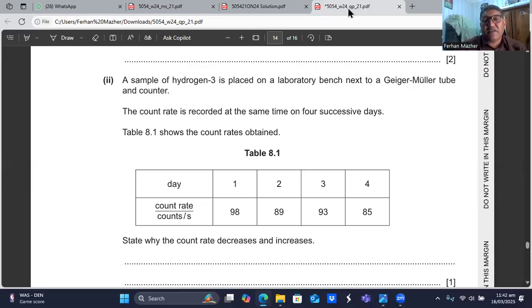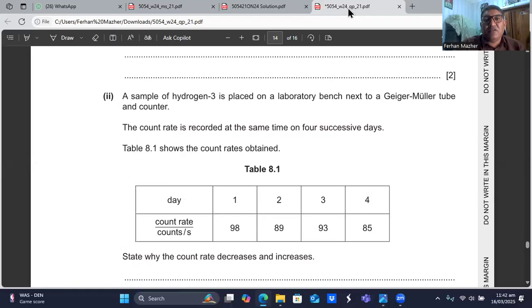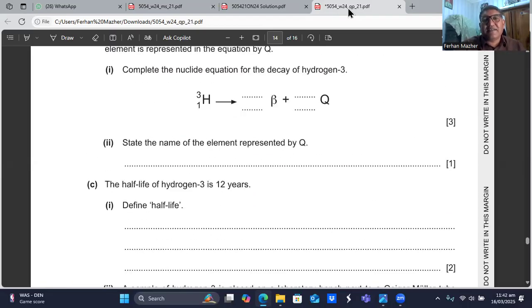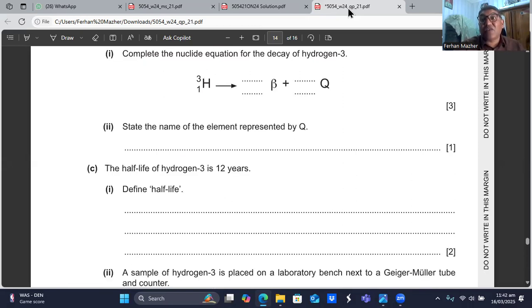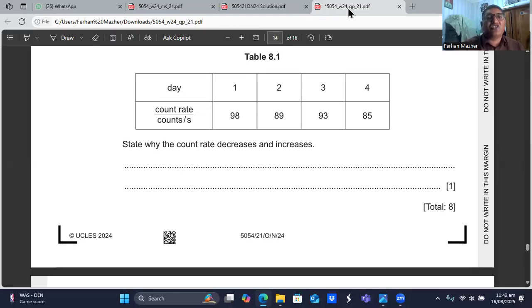State why the count rate decreases and increases. The very simple reason is that you have done this observation over a duration of 4 days, whereas the half-life of this isotope is 12 years. So 4 days is a very short time for this. So this up and down is not due to the decay because the half-life is very long.